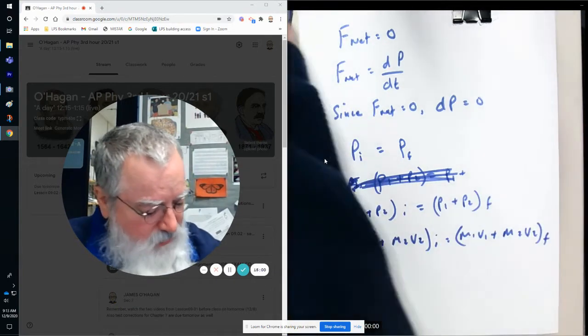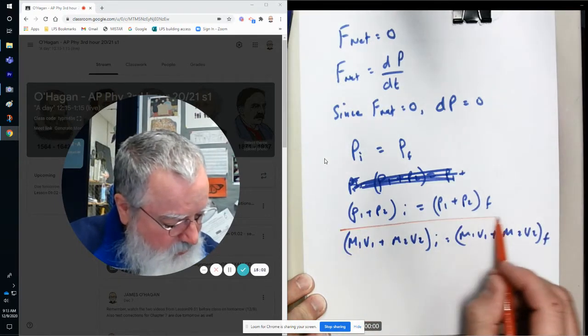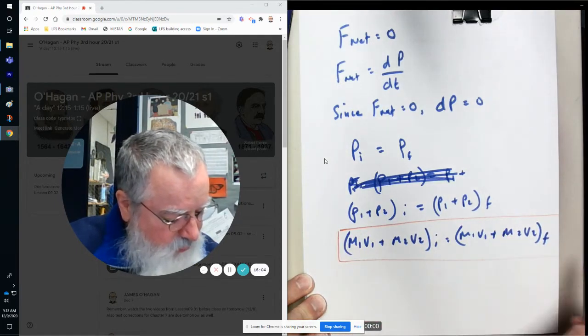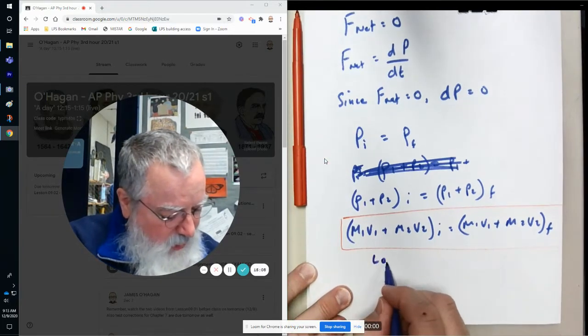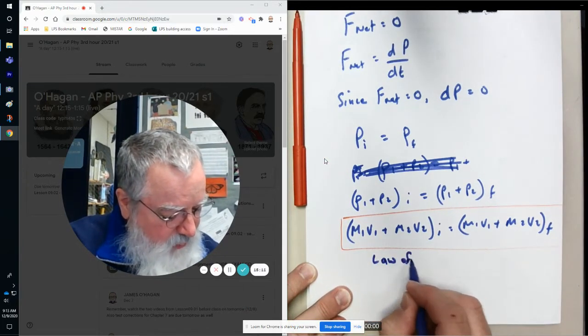Here we go. Conservation of momentum. This is the law of conservation of momentum.